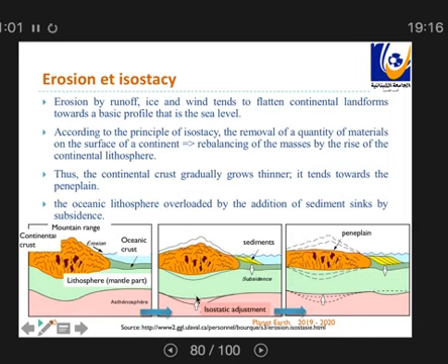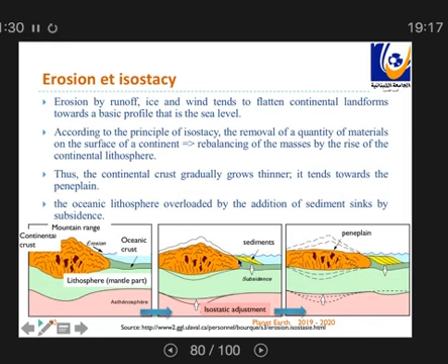So we have a push upward of that mass that was much more massive in the first picture here, as you can see, and it caused the deformation of the asthenosphere. So as the mass becomes lighter, the asthenosphere comes up again. As you can see here, we have a rebalancing.